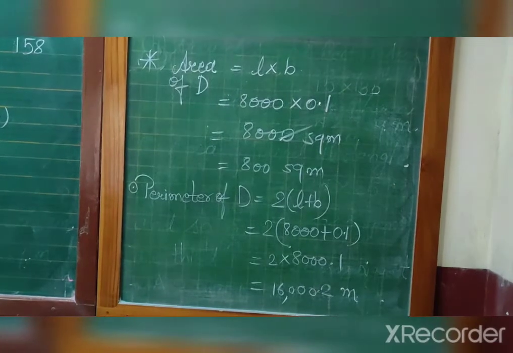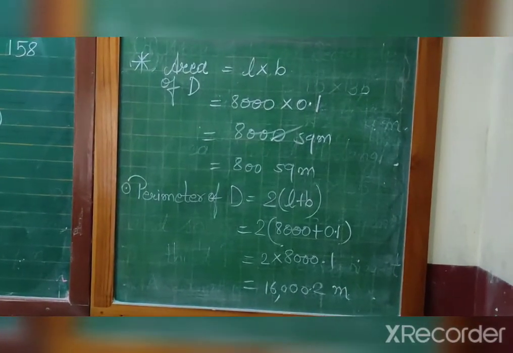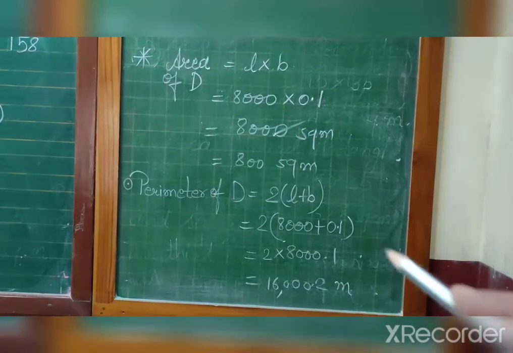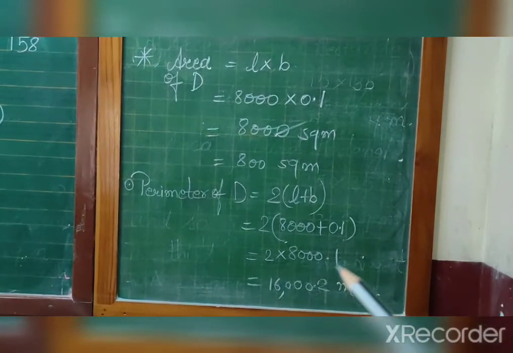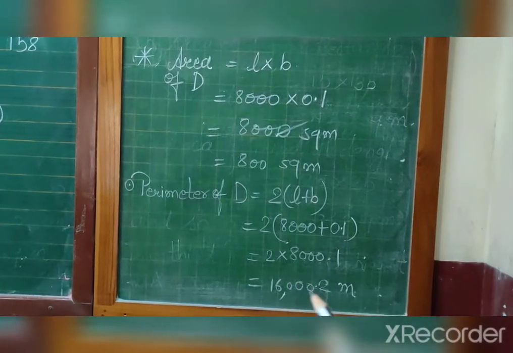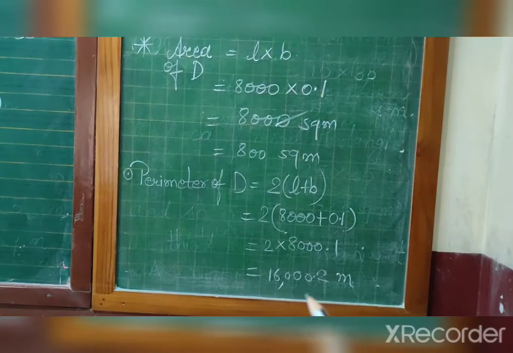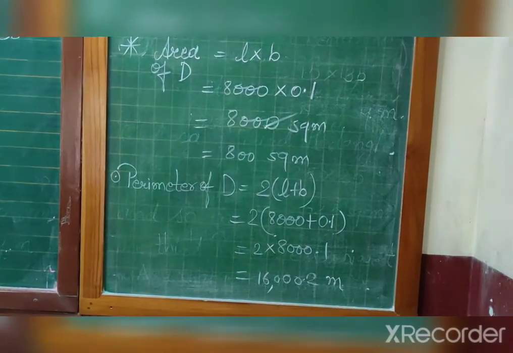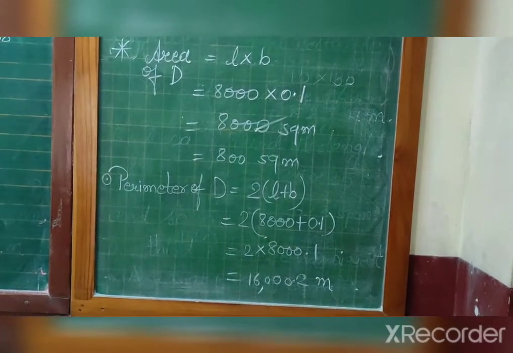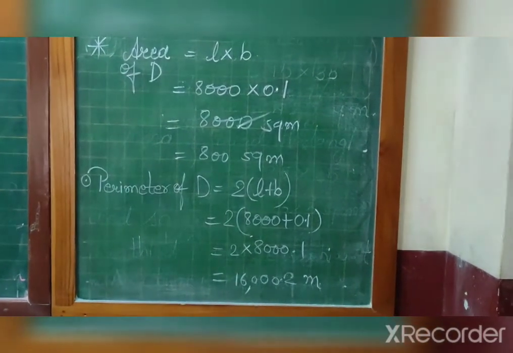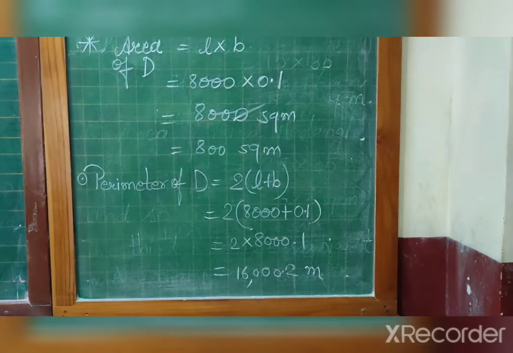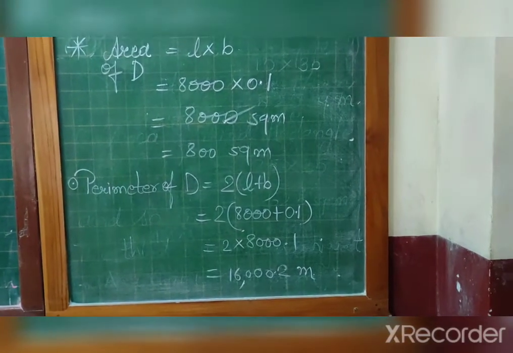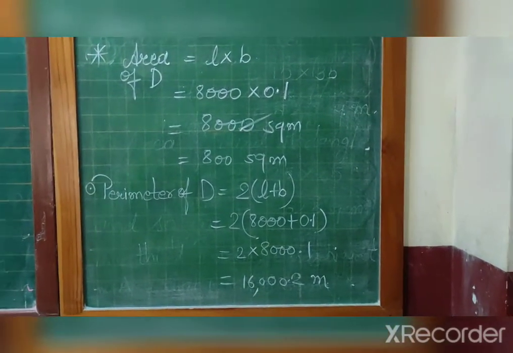Now perimeter of rectangle D is equal to 2 in the bracket L plus B, 8000 plus 0.1, 8000.1 into 2. So we will get 16,000.2 meter. Oh my God, that much gold wire, that much length of wire Anar will get.